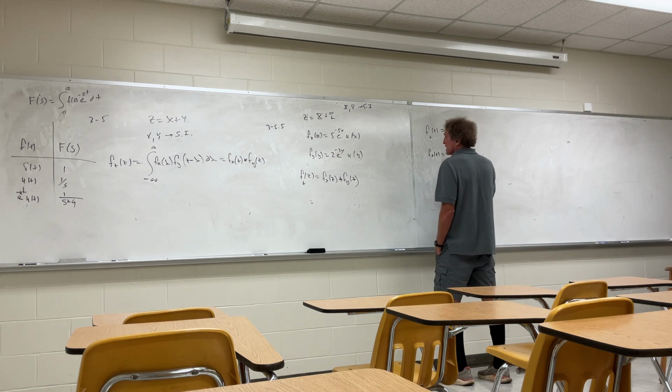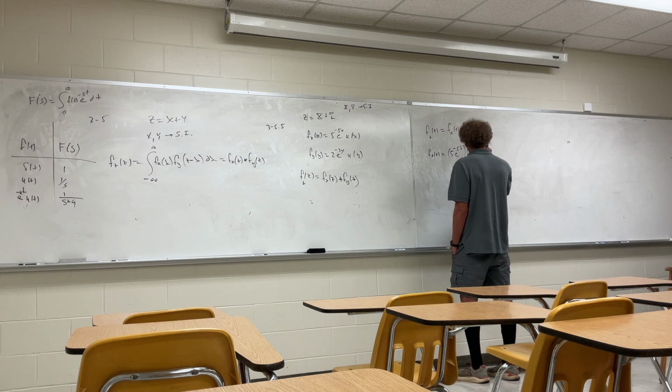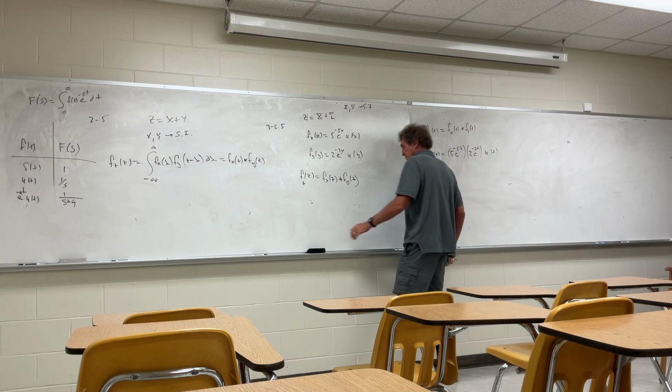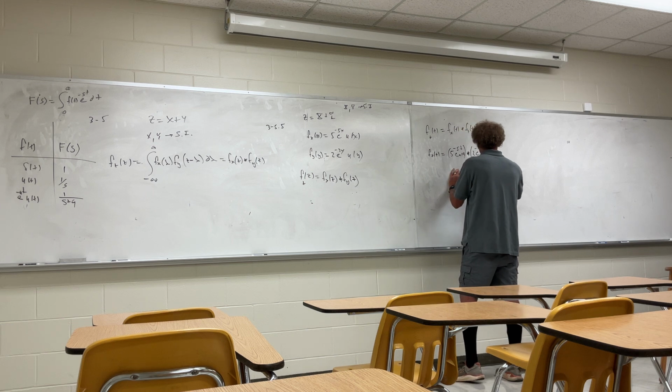So this is going to be equal to 5 e to the minus 5t u of t, that's the same exact thing, but they're going to be convolved. It's this convolved with 2 e to the minus 2t, and I should have a u of t inside both of these.